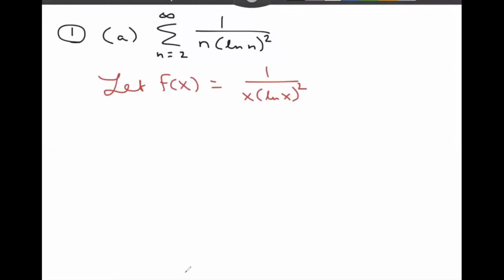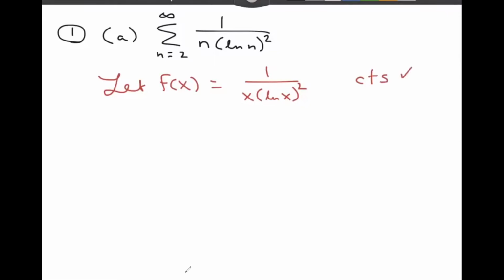First of all, that this function is continuous. Well, it's continuous as long as x is not 0, which it won't be because we're starting the series at n equals 2. And also as long as natural log of x is not 0. The only time natural log of x is 0 is when x is 1. So again, we don't have to worry about that because we're starting the series at n equals 2. So this function is continuous.